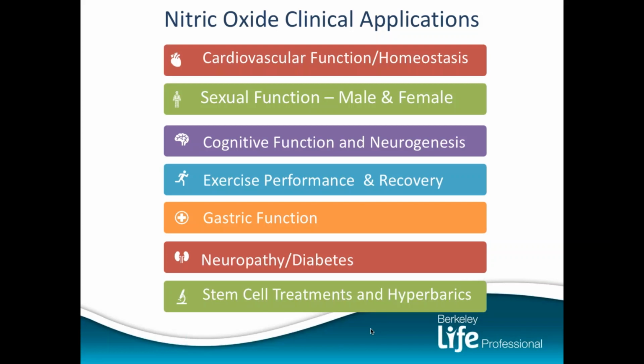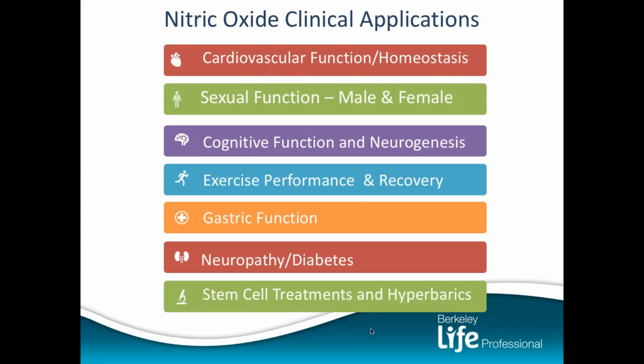Stem cell treatments. The stem cells require adequate nitric oxide in order to mobilize and differentiate, which means the nitric oxide helps tell them where to go and what to do. Hyperbarics increase the production of stem cells.